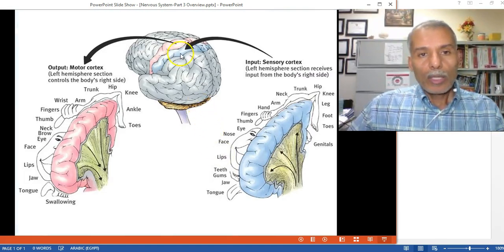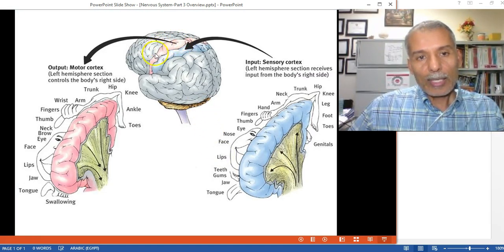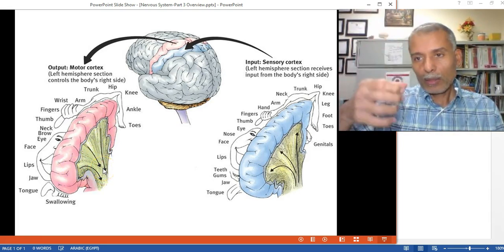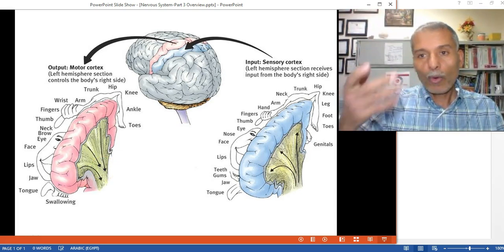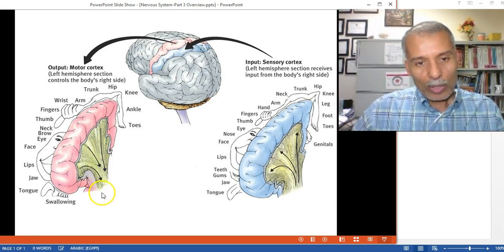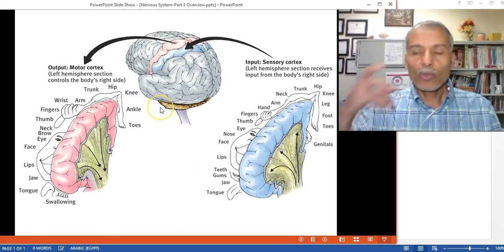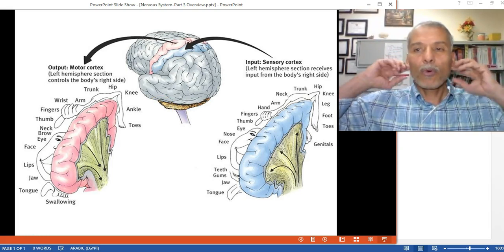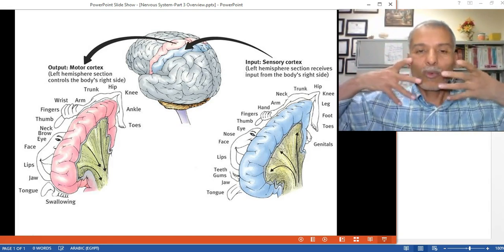So let's take the motor cortex again and just slice it. Now we have sliced it, and you can see how neurons in the cortex send axons down, and these axons make a pathway like a big cable, and that goes down finally to the brain stem, and then it's going to activate your muscles, or for speech, your cheek muscles, your larynx, your vocal folds, your mouth, everything that you want to move on your face.